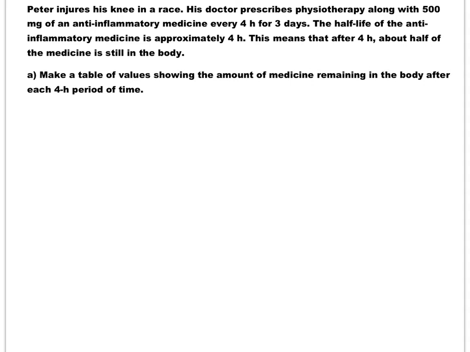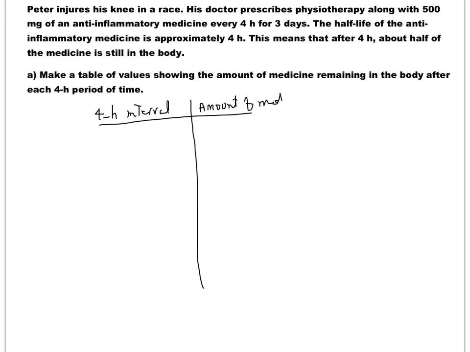Now we are supposed to make a table of values showing the amount of medicine remaining in his body after each 4 hour period. So I'm going to say the first column is 4 hour interval, and the amount of medicine left in milligram.